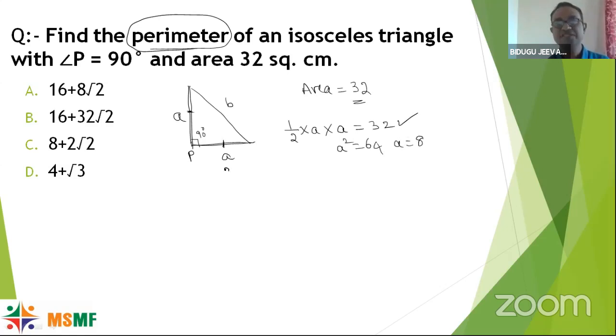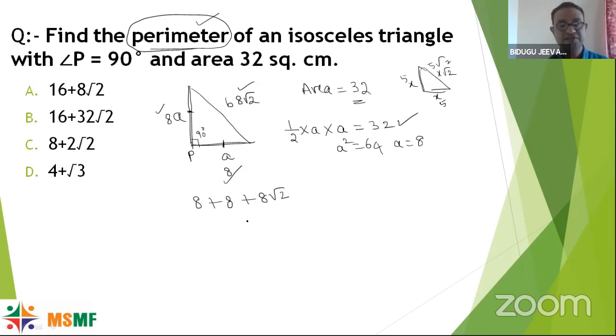If 8 is here, this will become 8 root 2. So remember, x root 2, 5 root 2, simple. Now the perimeter means the sum of all the sides: 8 plus 8 plus 8 root 2, that is 16 plus 8 root 2.